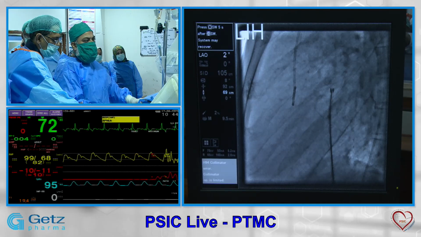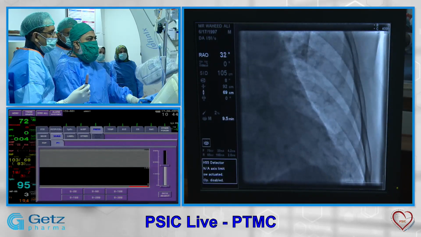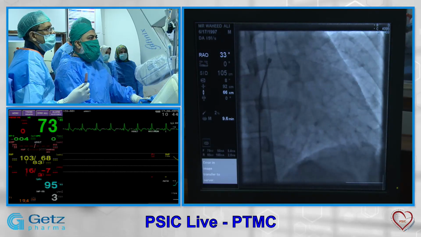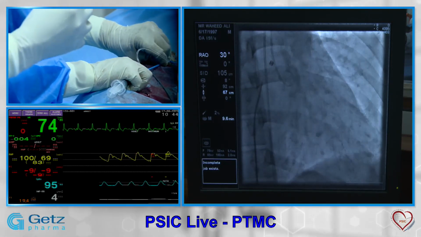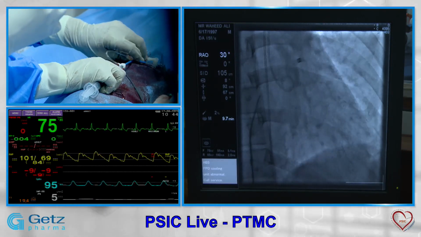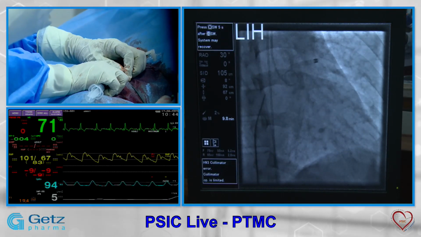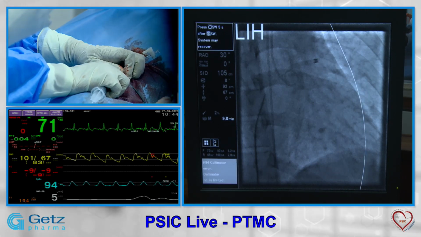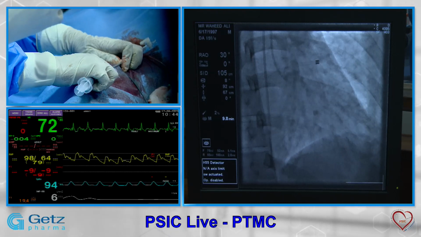And this is the point where you want to give heparin. Center, please. Usually when you push your system, it tends to reside in the appendage. So we need to be careful because the appendage is a frail part.